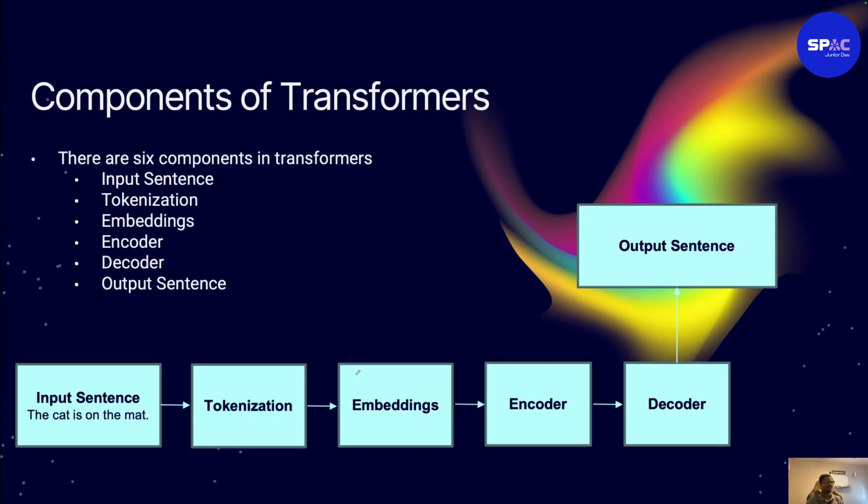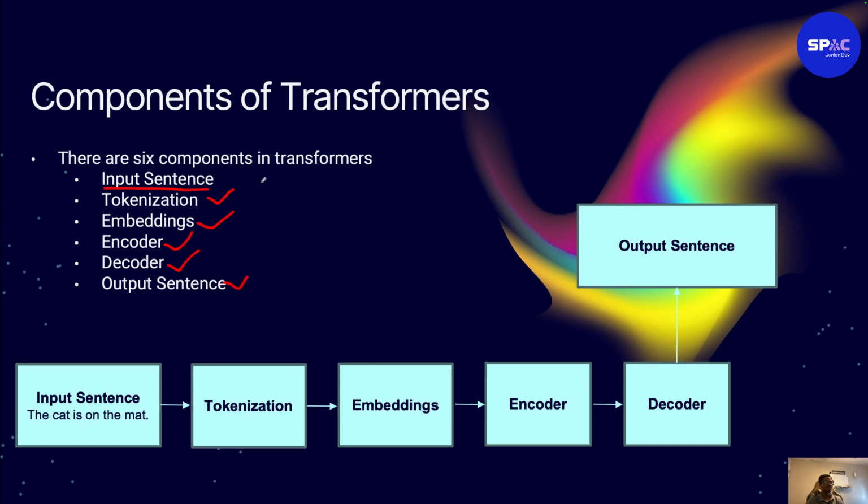Okay, so for the components of transformers, there are several steps a transformer uses to understand words. The first one of course is the input sentence, what you type. Then there's something called tokenization, which I will explain. Then there are embeddings, then the encoder, the decoder, and the result.